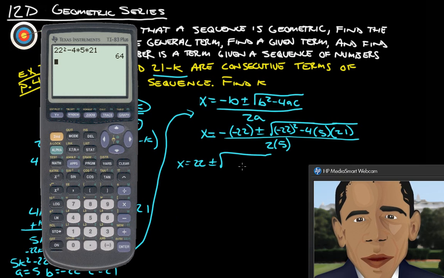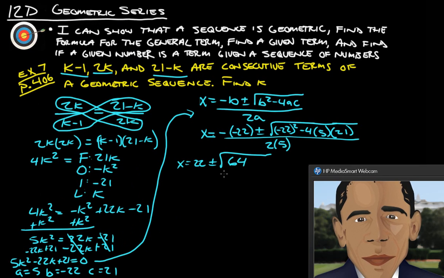That gives me 64, which is a nice perfect square, so that'll be handy. Then 2 times 5 is 10. So x equals 22 plus or minus the square root of 64, which is 8, all over 10.